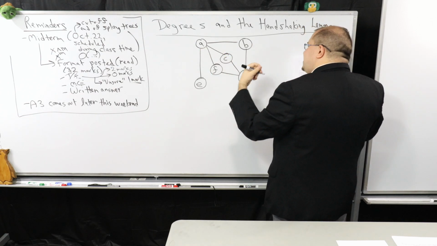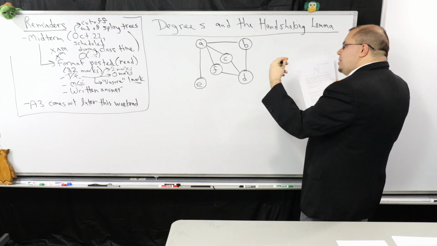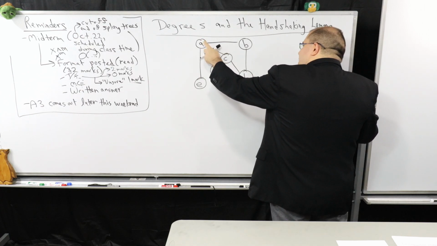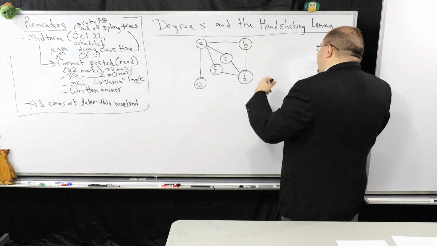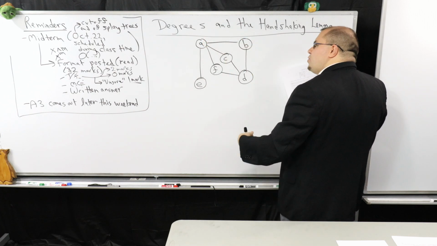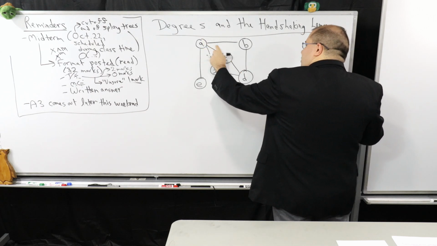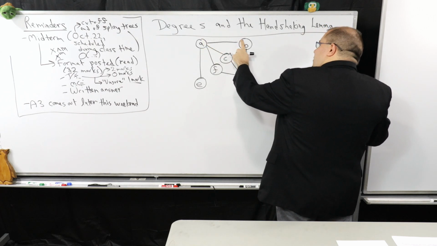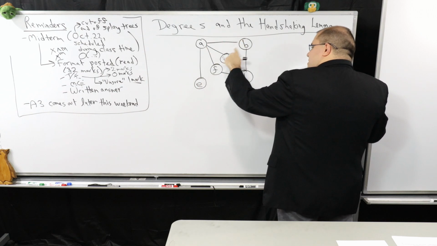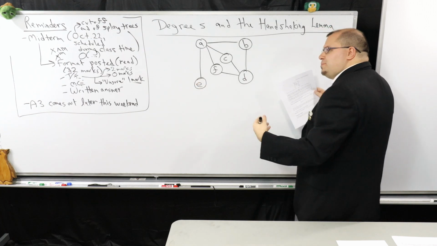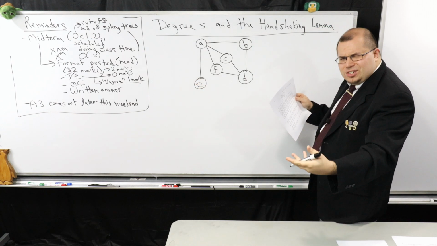So I want some way that I can talk about the number of endpoints. Say I give you a vertex A, I would like to have some way to talk about the number of neighbors it has. For example, if I look at vertex A, how many neighbors does A have? Well, it has B, C, F, and E. A neighbor simply is a vertex that it's adjacent to.